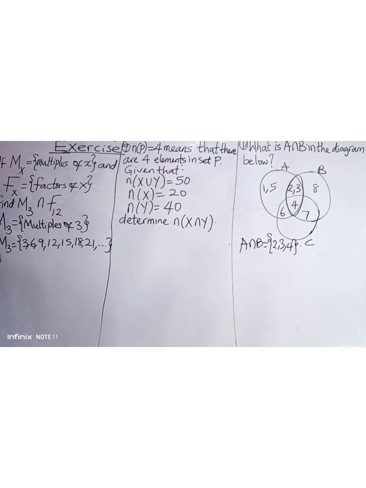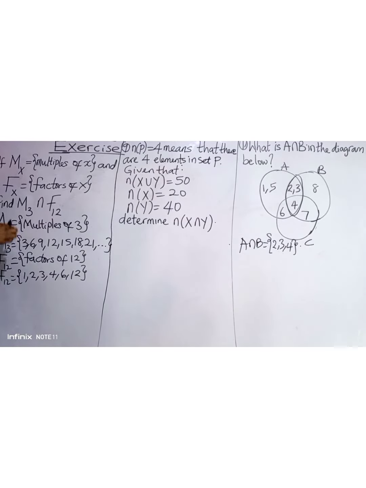Now, f subscript 12 means that anywhere I see x, I'm going to put 12 there. So that will be factors of 12. So factors of 12 are 1, 2, 3, 4, 6, and 12. That is all the numbers that can divide 12 easily without any remainder.